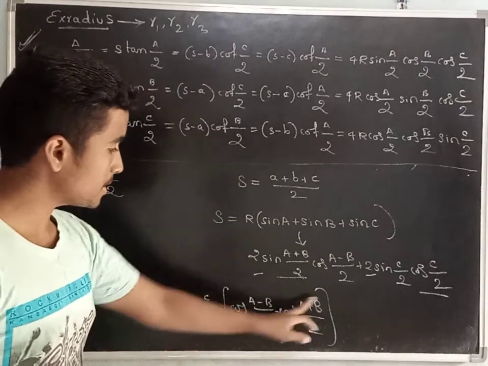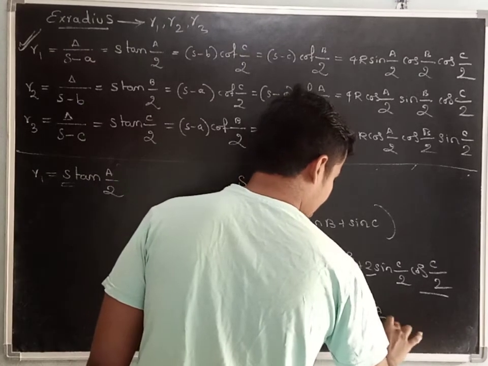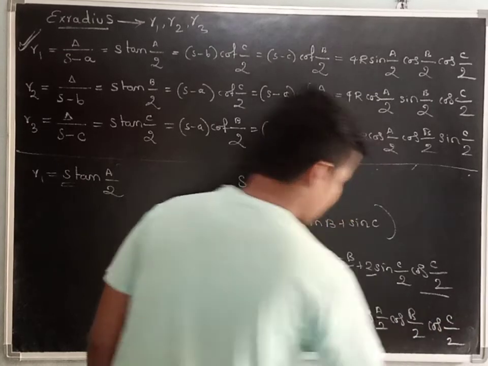Cos (a minus b)/2 plus cos (a plus b)/2 is nothing but 2 cos a/2 cos b/2, giving 4 cos a/2 cos b/2 cos c/2.